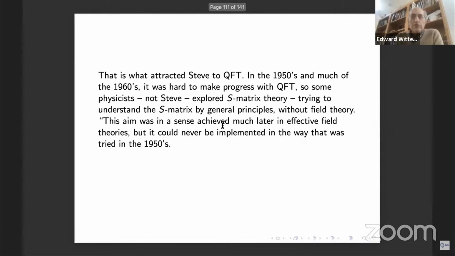When he says the aim was achieved in effective field theories, he means what I said before, and I think we'll repeat it in a different way: if in an effective field theory, you allow in a low energy expansion arbitrary local gauge invariant terms that satisfy any fundamental symmetries you want to impose, then at least in an expansion in the energy, you generate the most general S matrix consistent with all the principles you've imposed.